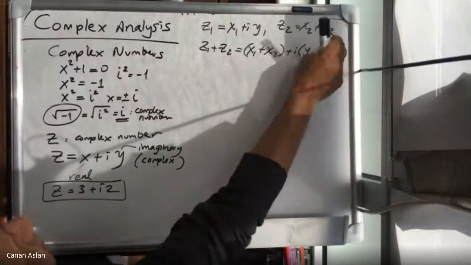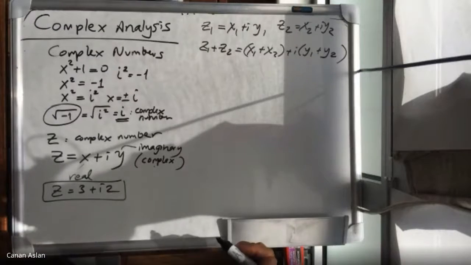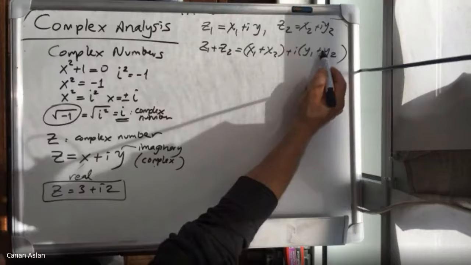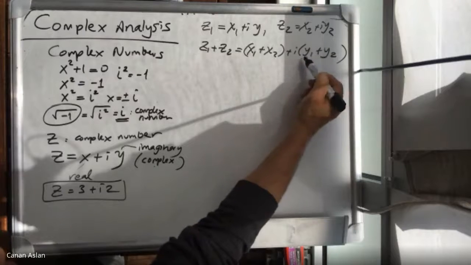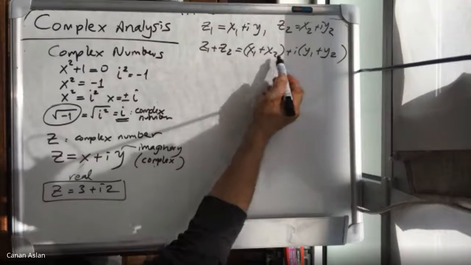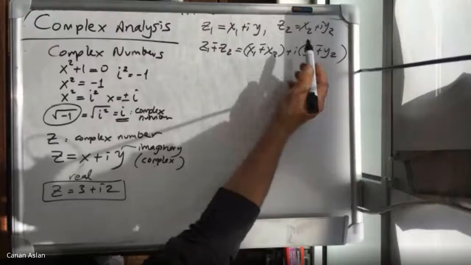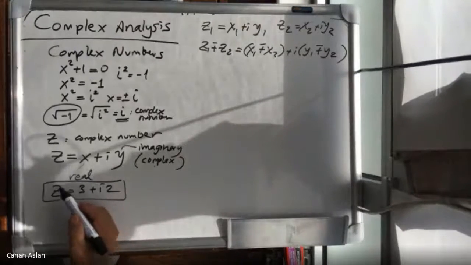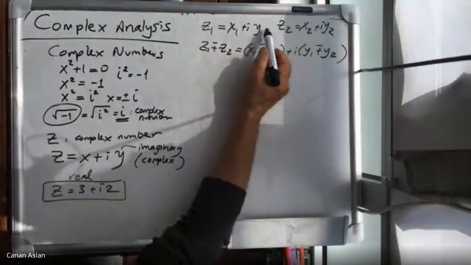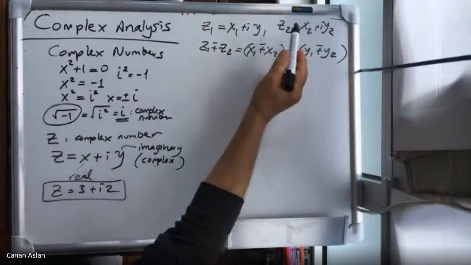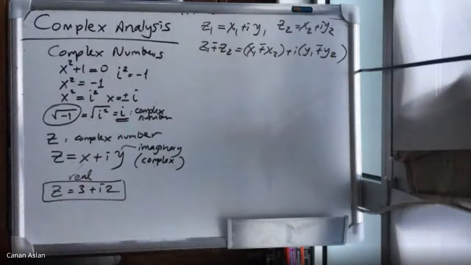As you see, we just add the real parts and imaginary parts independently and get the result. If it is minus, then we use the minus signs there. If these two complex numbers are equal to each other, x1 and x2 should be equal and y1 should be equal to y2.